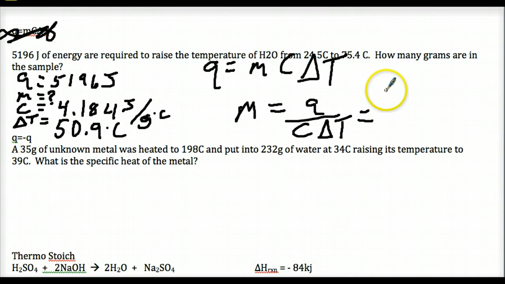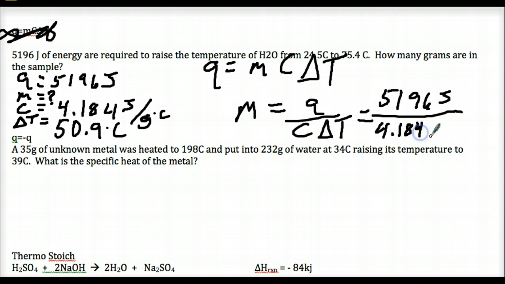Plugging my values in, I get 5,196 joules over 4.184 joules per gram degrees Celsius, times 50.9 degrees Celsius.